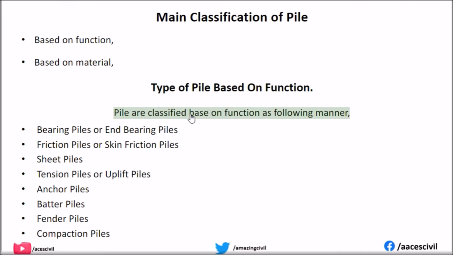Piles are classified based on function in the following manner: bearing piles or end-bearing piles, friction piles or skin friction piles, sheet piles, tension piles or uplift piles, anchor piles, batter piles, fender piles, compaction piles.